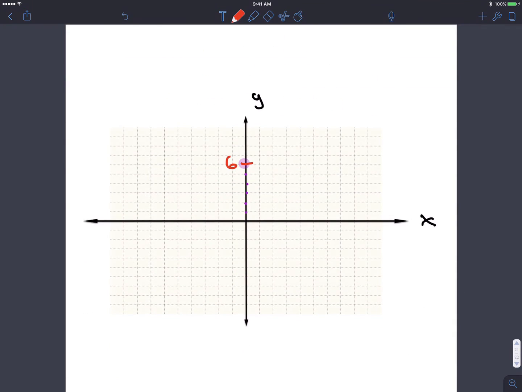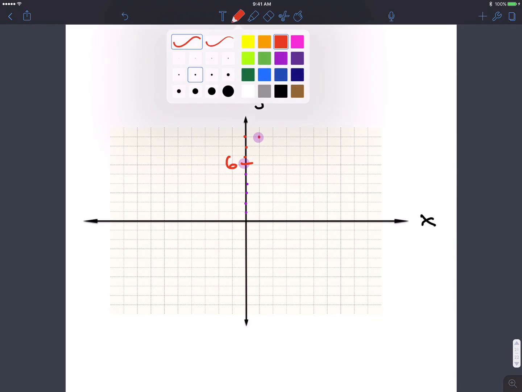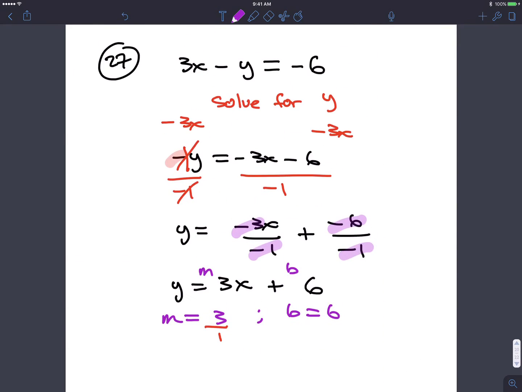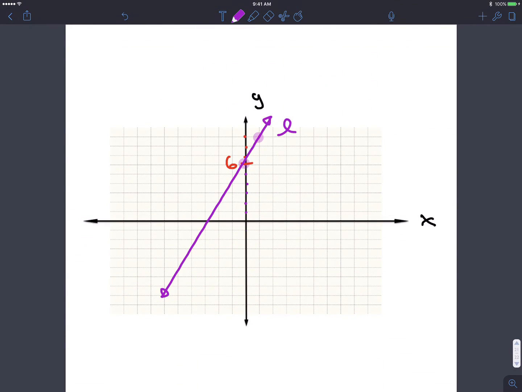I'm going to now use the slope of 3 over 1. So I'm going to go up 1, 2, 3, and to the right 1. We're going to draw a line. Here you go. This is the line, and we're done. That was number 27.